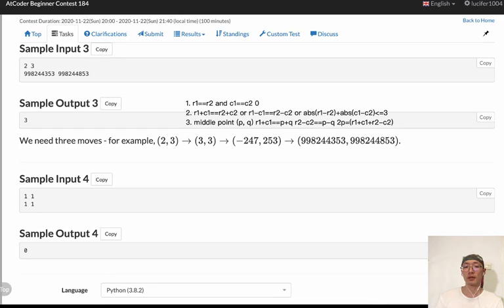The other case is just the same, that is, we will swap them to get R1 minus C1 equals P minus Q, and R2 plus C2 equals P plus Q. They are the same because we can swap (R1, C1) and (R2, C2), since we can either go from A to B or go from B to A. They are equivalent.